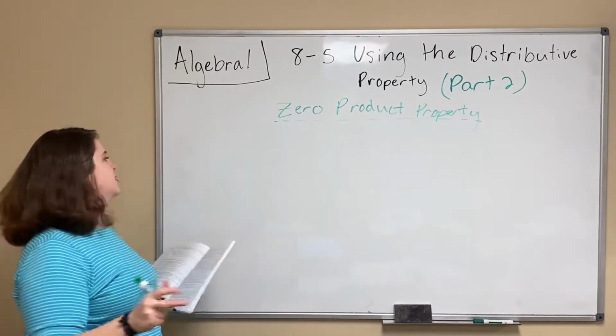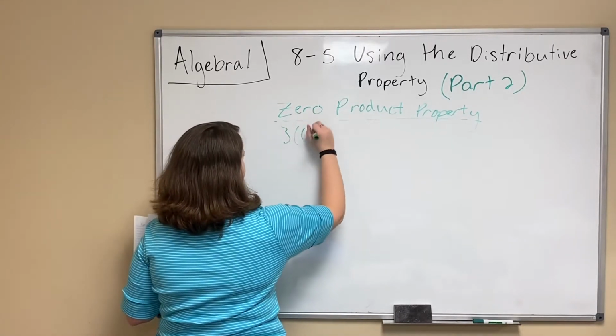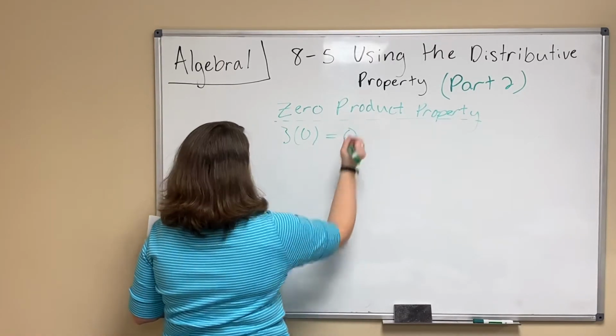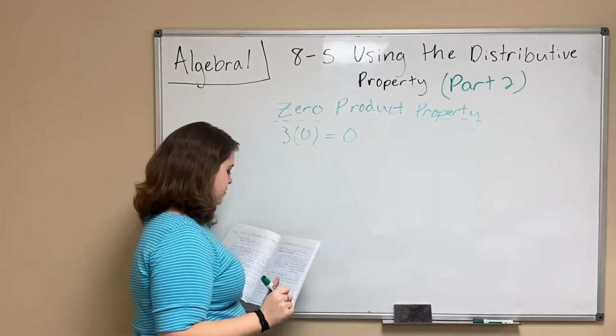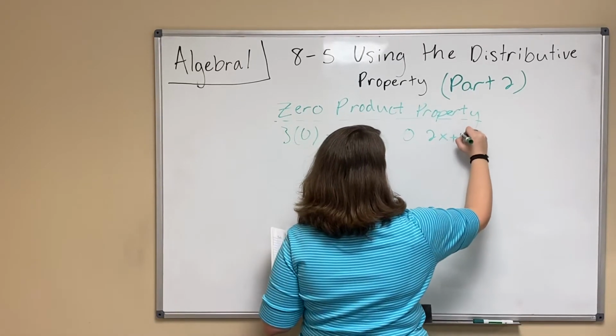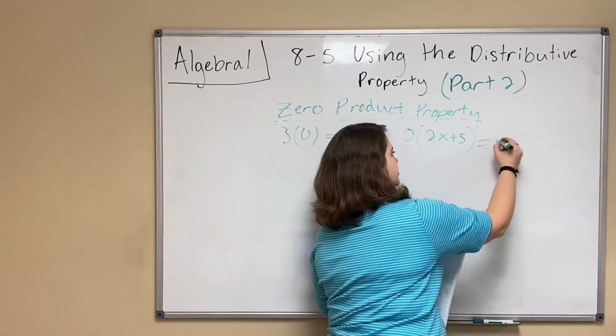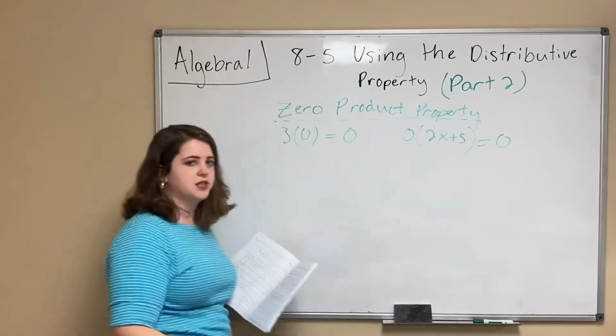You know what it is, because basically the zero property is anything times 0 equals 0, right? Even if I have 0 times 2x plus 5, that still equals 0. Anything times 0 is itself.